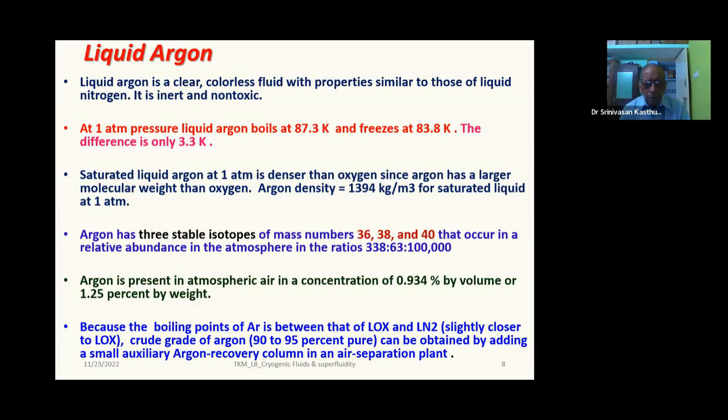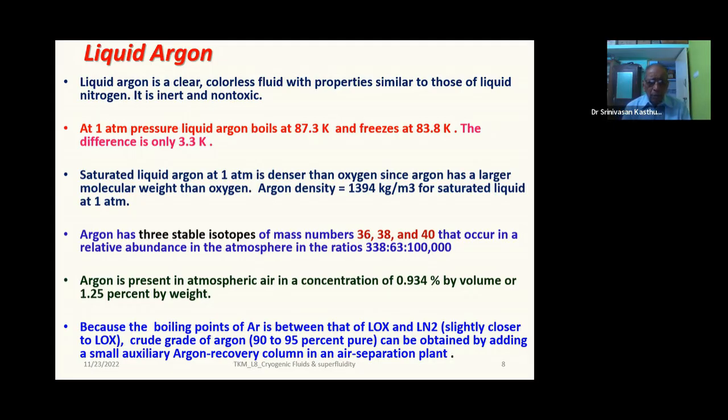So the isotope with maximum content is isotope number 40, and therefore that is the more stable isotope. A large quantity of it is present. Argon is present in the atmospheric air in a concentration of approximately 1% by volume, 0.934% by volume, or 1.25% by weight. That's the content.